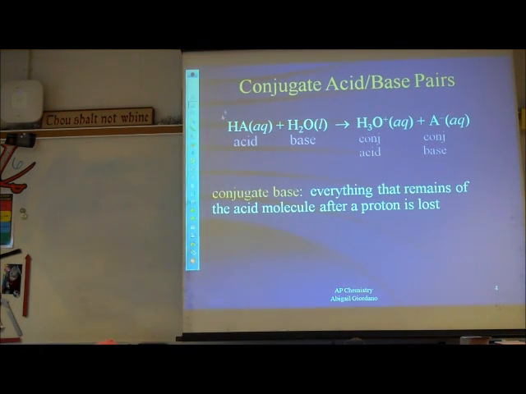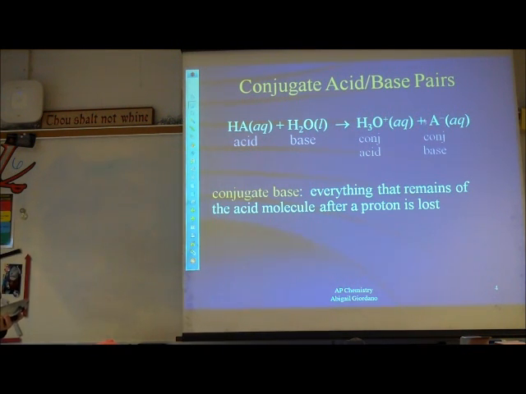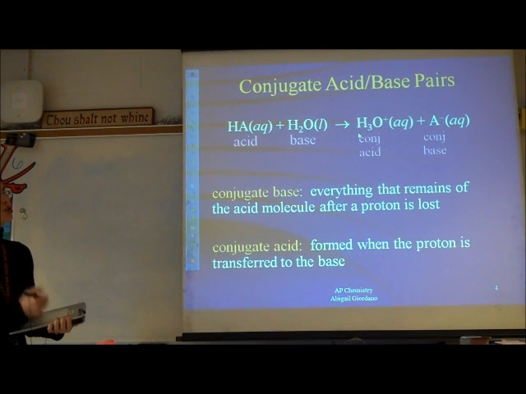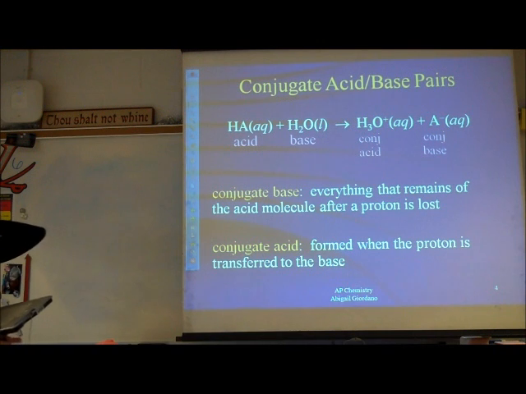When your acid on the reactant side gives away that hydrogen, whatever is left of it is called the conjugate base. Your conjugate acid then is what your base on the reactant side turns into after it accepts that hydrogen.